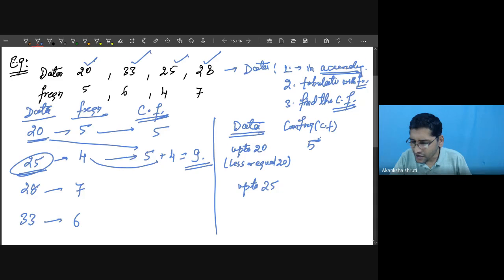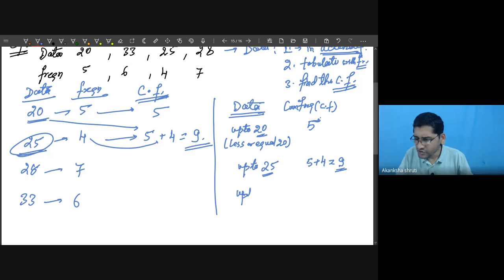That means the frequency of the data 20, which is 5, and for 25 itself, it is 4. So it becomes 9.